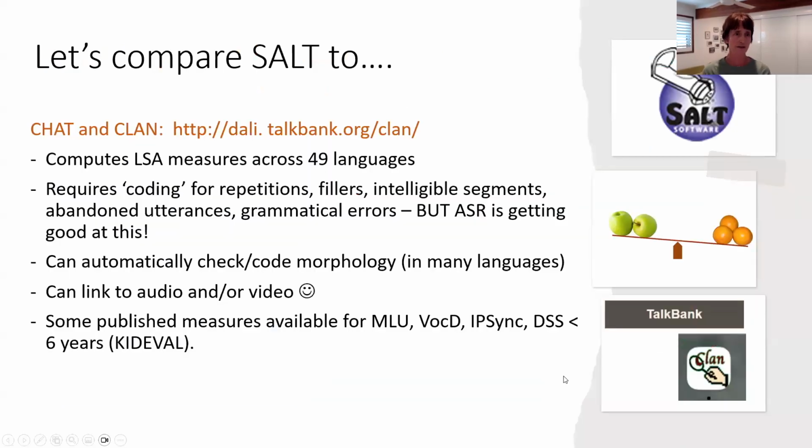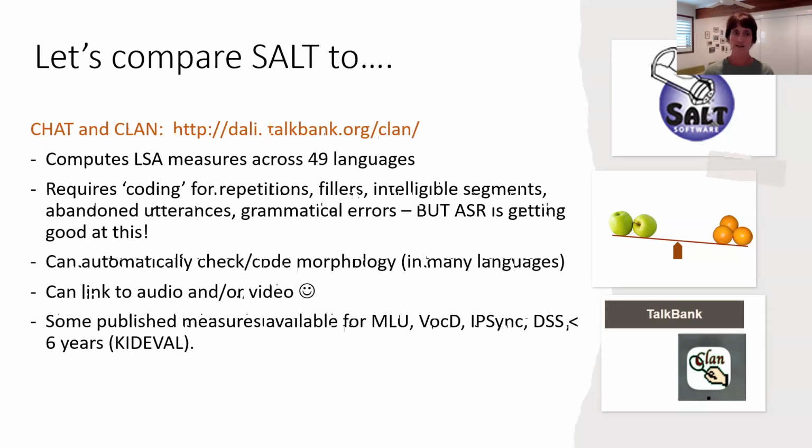So let's compare SALT then to CHAT and CLAN. So this is the link where you can download CLAN for free. It will compute language sample analysis measures across 49 languages. So that is very exciting. It will require some coding for repetitions, fillers, unintelligible segments, abandoned utterances, and errors.